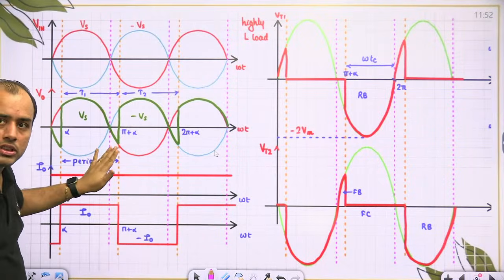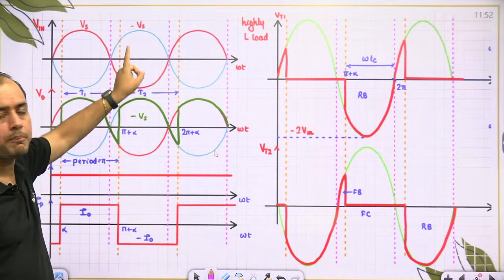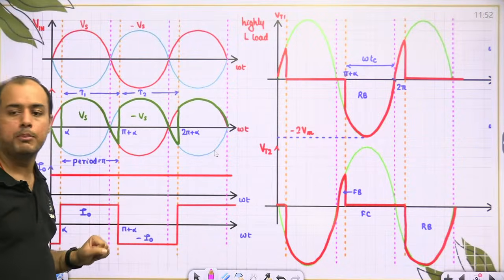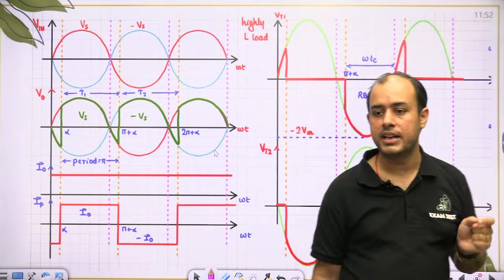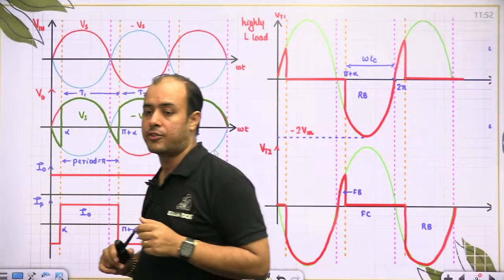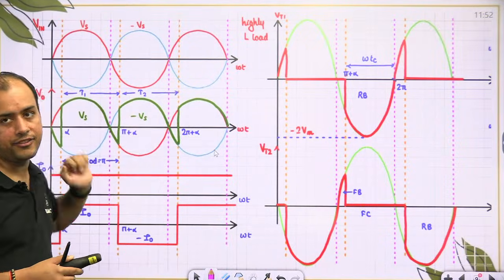And when T2 conducts from pi plus alpha to 2 pi plus alpha, I will follow the blue graph. Understood? So I get the output as this green waveform.